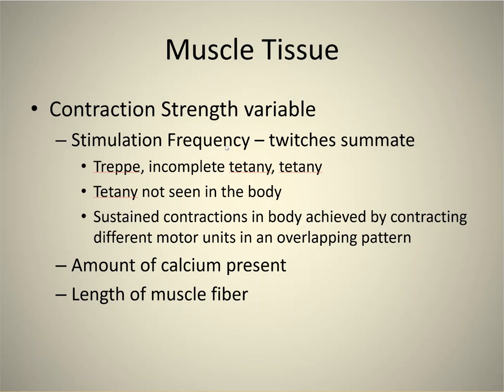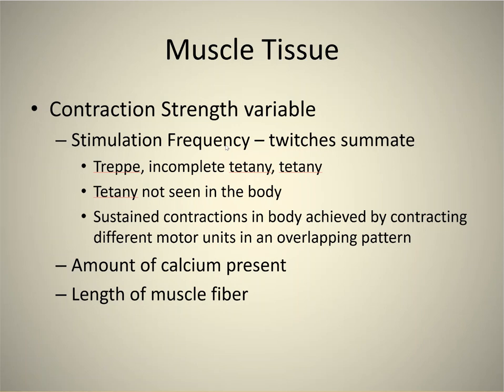Okay. Often, the strength of the contraction depends upon the amount of calcium present. If you stimulate the cell before it relaxes, there's still some calcium in the cell, and so the resulting contraction is greater because there's more calcium present.